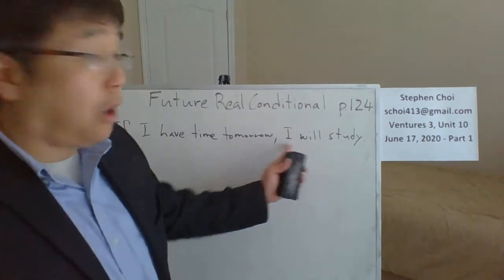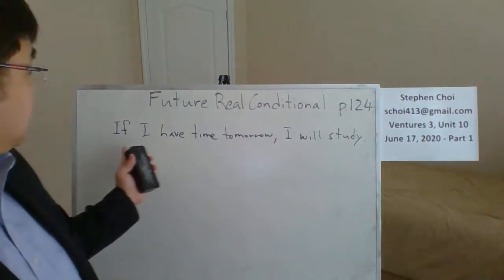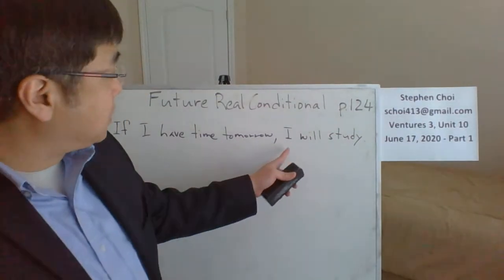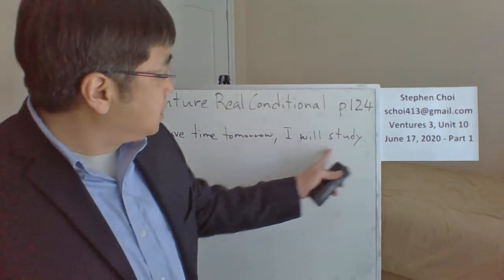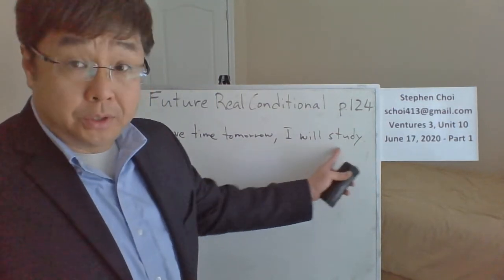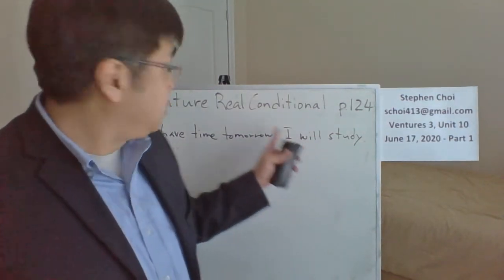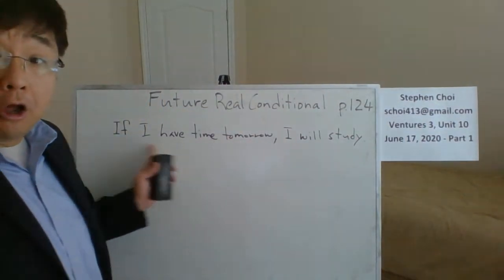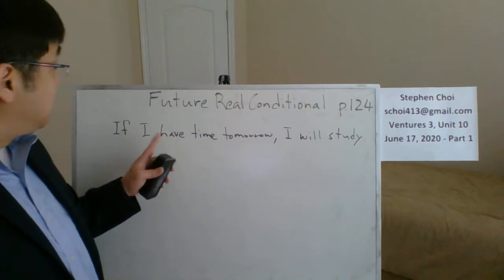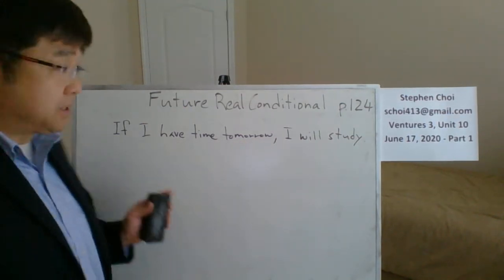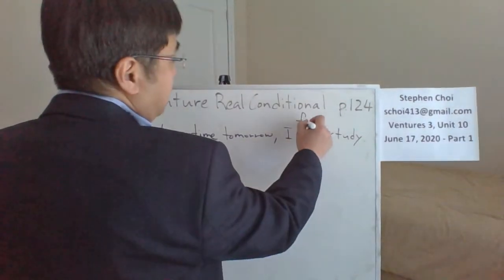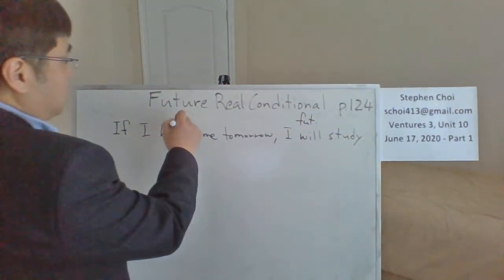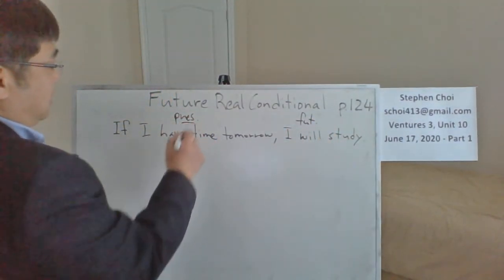But look at this. We have a two-clause complex sentence here, two clauses, one sentence. This is the main clause, and that one is in the future, just like we say future. But the conditional clause, or the dependent clause, is in the simple present tense.